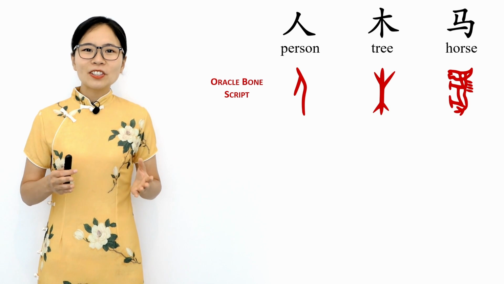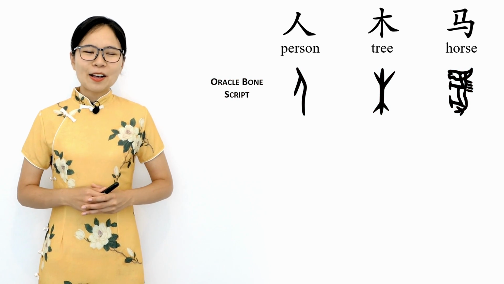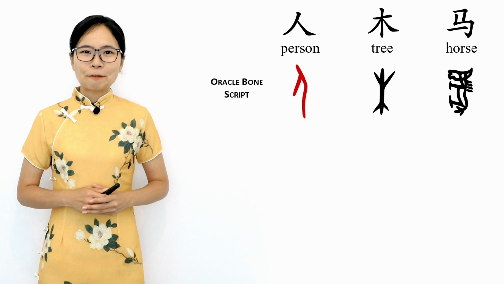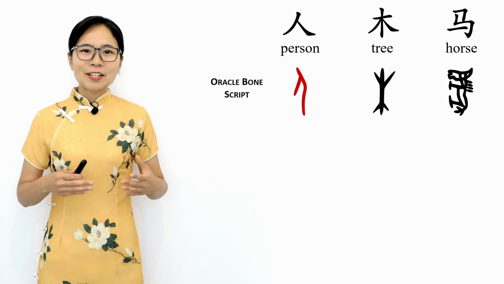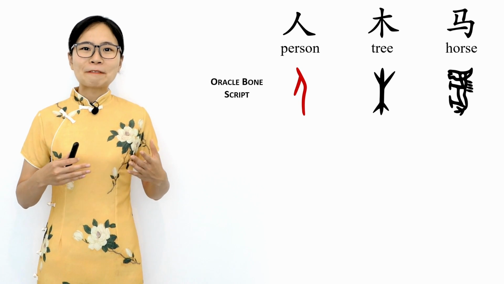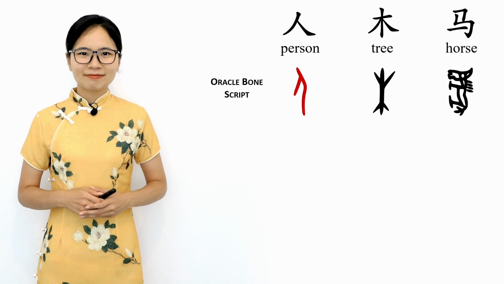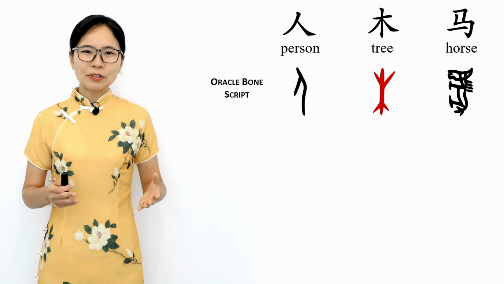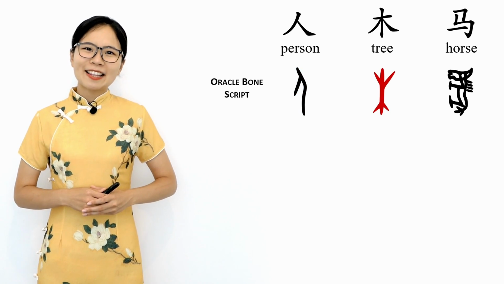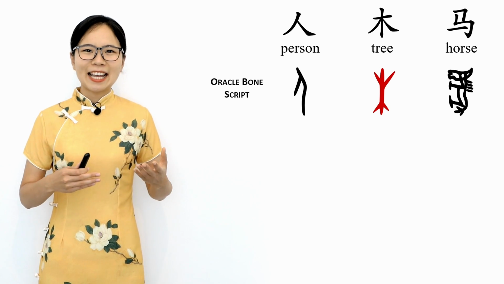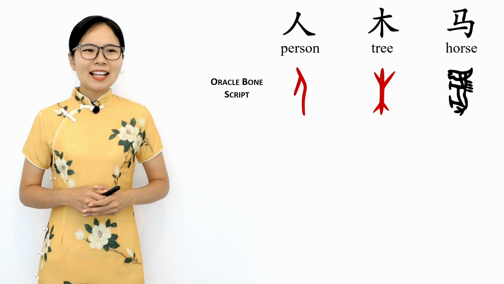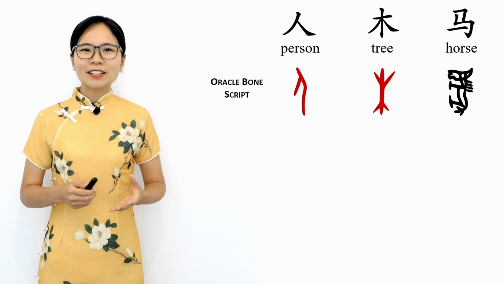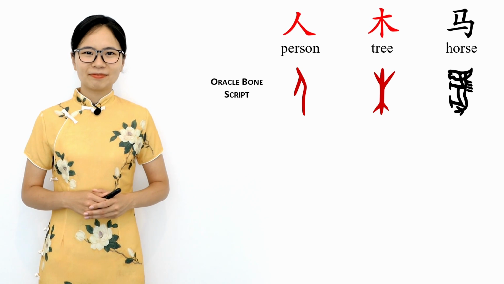Taking a closer look at these ancient characters, we can see that the character for person evolved from a drawing that shows a person viewed from the side. And the character for tree comes from a drawing that shows a tree's branches and its roots. These 2 characters are similar to the modern characters.